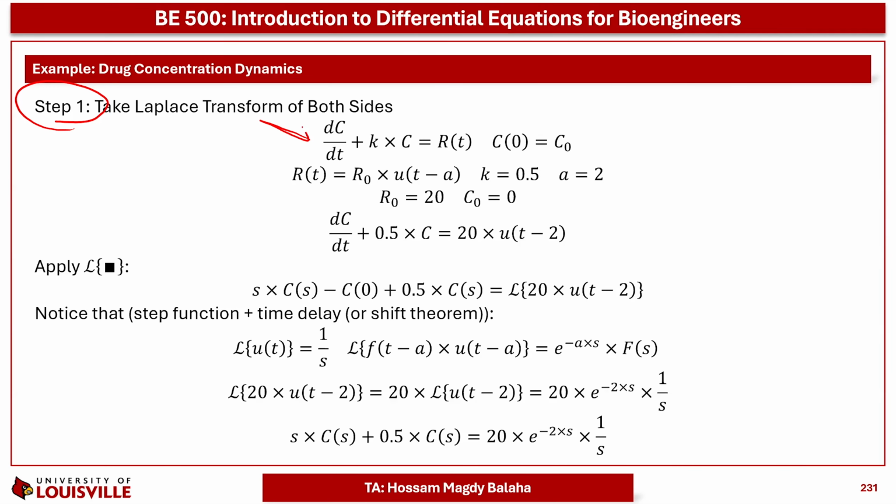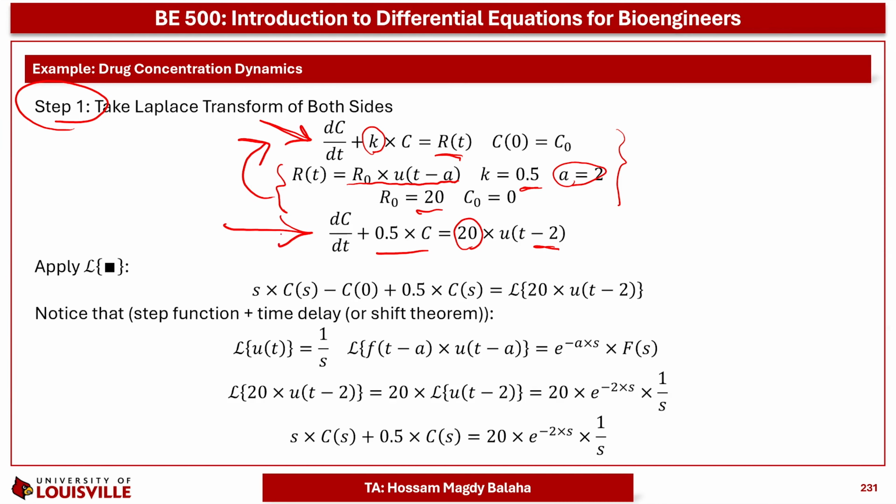There is the equation dC/dt plus kC equals r(t), and these are the given values. So we are going to substitute these values into the original equation. We have k equals 0.5, so it will be 0.5 multiplied by C. r(t) equals r0 multiplied by the unit step u(t minus a), and r0 equals 20, so it will be 20 multiplied by u(t minus 2), because a here equals 2.